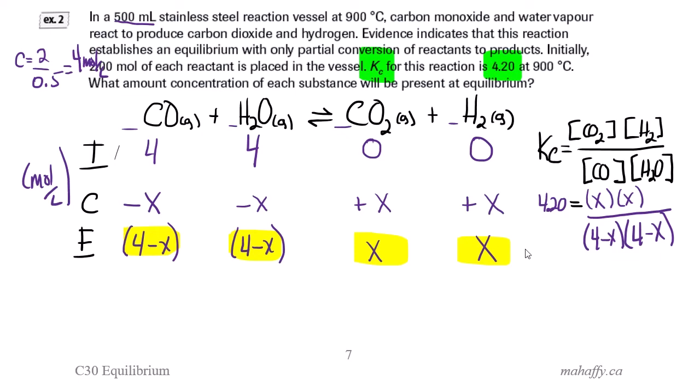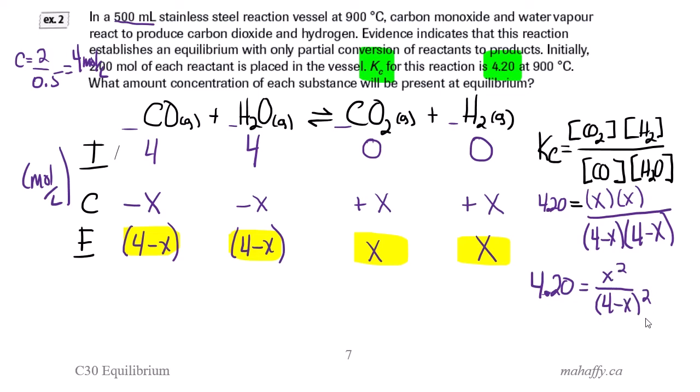Now this seems a little bit scary, but we haven't made it that bad on you, because if you recognize that 4.20 is equal to x times x, which is x squared, divided by 4 minus x times 4 minus x, which would be 4 minus x squared, then I can recognize that the right side of the equation is a perfect square.